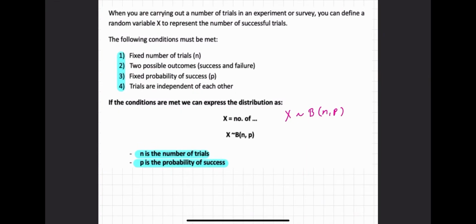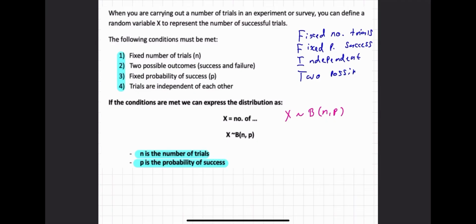How I memorize them is remembering this: F, F, I, T. If you remember this, which is just fit with an extra F, you can remember: fixed number of trials, fixed probability of success, trials are independent, that's not how you spell independent, independent, and T is for two possible outcomes, which are success and failure.